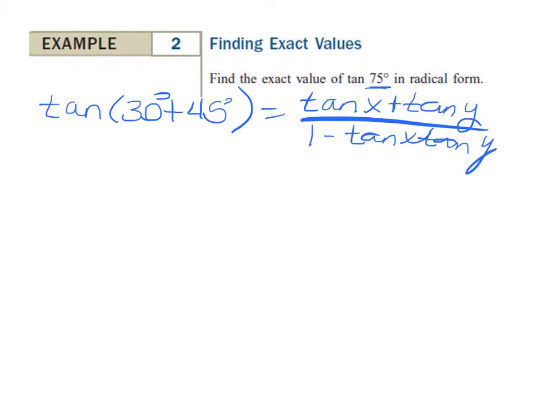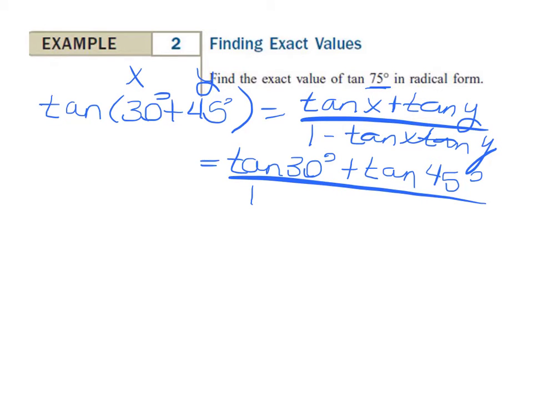I'm just going to plug in my values. Here's my x, here's my y. So I've got the tangent of 30 degrees plus the tangent of 45 degrees all over 1 minus the tangent of 30 degrees and the tangent of 45 degrees.